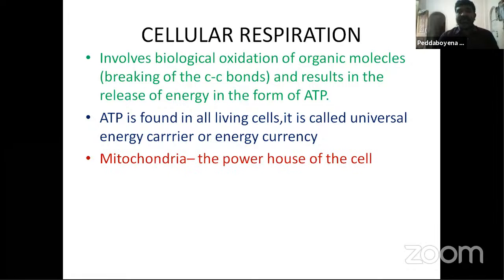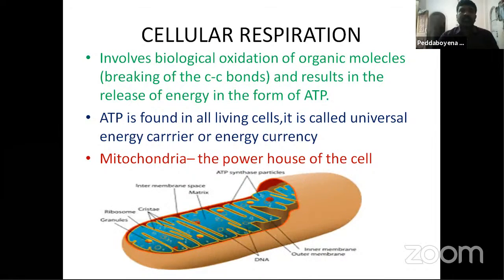ATP is formed in the mitochondria, the cellular respiration organelle. That is why, as we know from previous classes, mitochondria is known as the powerhouse of the cell. Let us understand this mitochondria diagram.